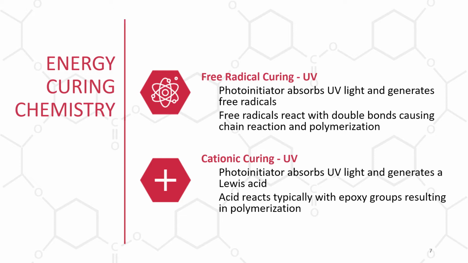You use a photoinitiator, just like you do in free radical, and this photoinitiator absorbs the UV light and generates, instead of a free radical, a Lewis acid. So you generate that acid, and that acid reacts typically with epoxy groups, resulting in the polymerization. So instead of having free radicals generating your polymerization, you rely on forming a Lewis acid.